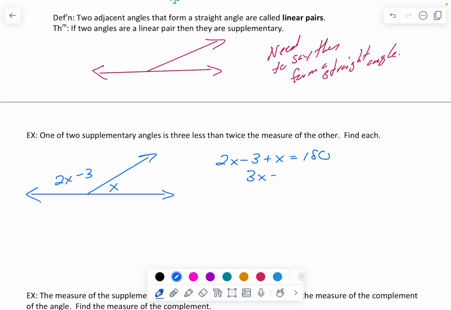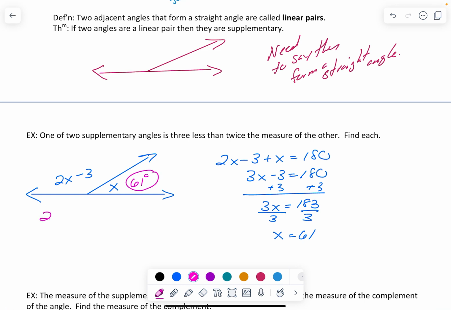And we get 3x minus 3 equals 180. Adding 3 to both sides, we get 3x equals 183. And dividing both sides by 3, we get x equals 61. So this one's 61 degrees. And the other one will be 2 times 61 minus 3, which should give you 119 degrees.